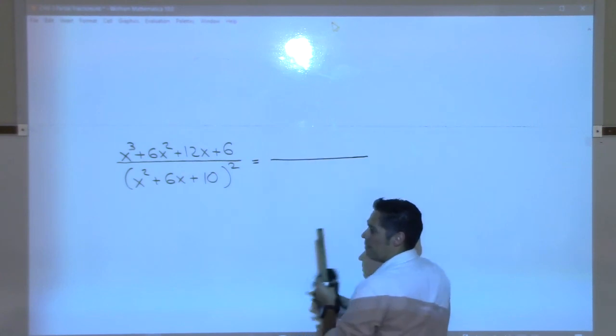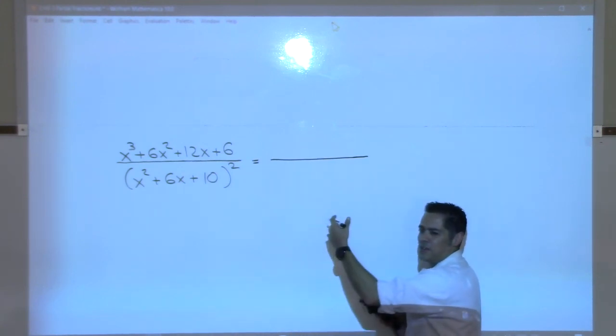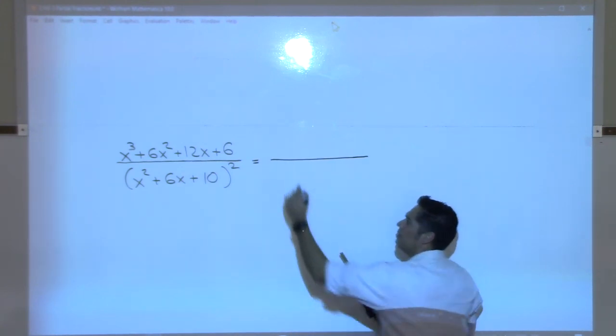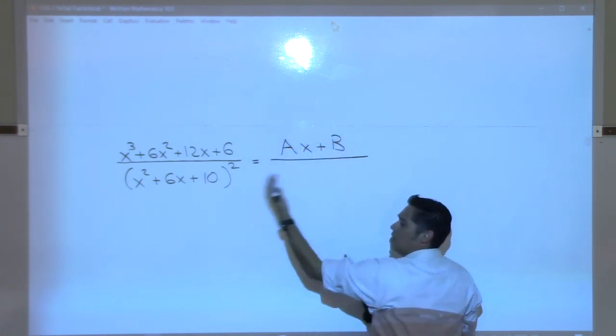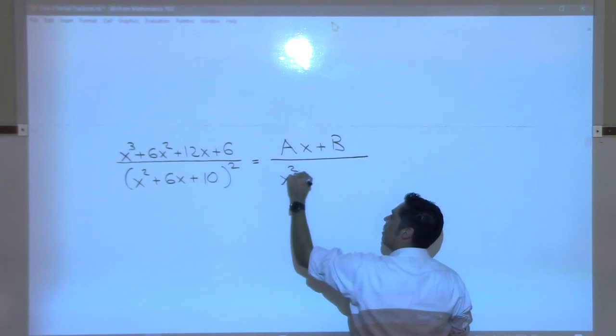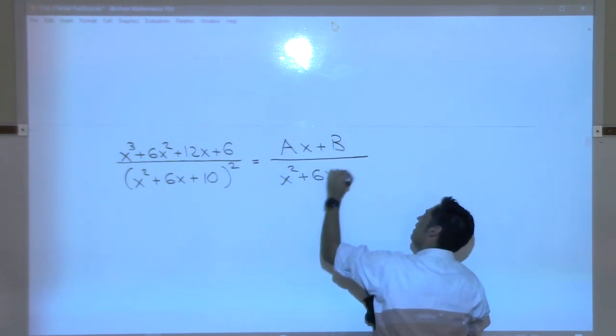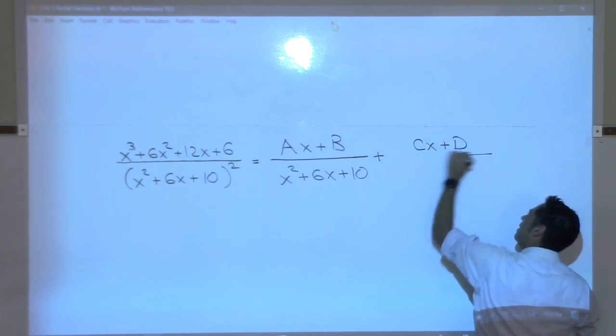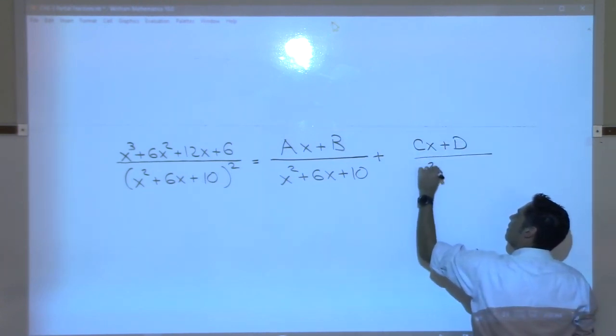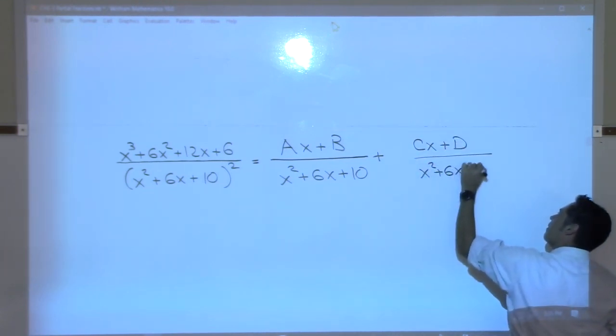What do we put on top? Bx plus C. But in this case, we're not using the A, so let's use it now. Ax plus B over the irreducible quadratic factor, right? And then another Cx plus D over the x squared plus 6x plus 10 squared.